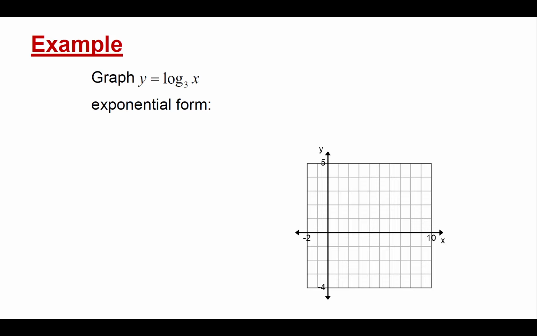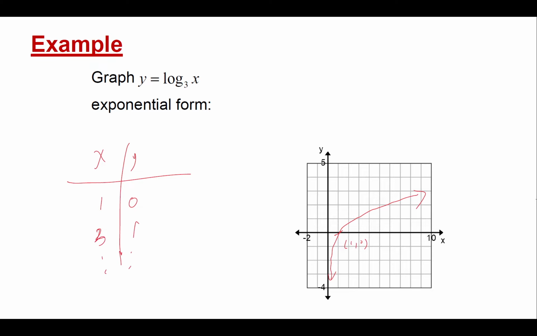So you see that it passes through (1, 0), and then the graph would look like this. You can always find the points x and y. For example, we know that the domain of this function is any positive real number, so you can take any value starting from 0 to infinity. At 1 it's 0, at 3 it's 1, and then keep going.